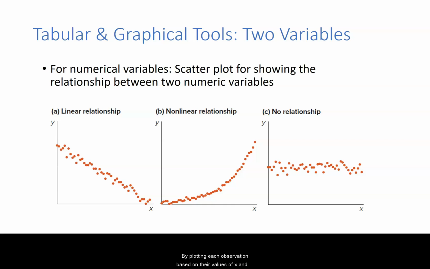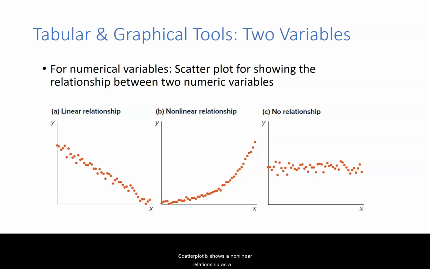By plotting each observation based on the numeric values of the two variables x and y, we can easily understand the relationship between x and y through the scatter plot. For example, in scatter plot A, we see two variables with a linear relationship as shown by a straight line, which suggests that a given change in x will always produce a corresponding change in y.